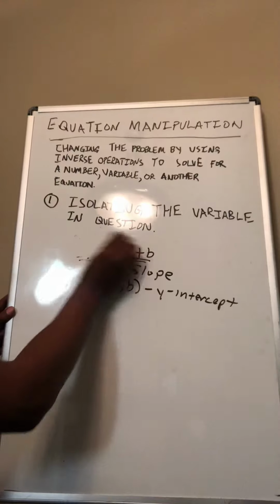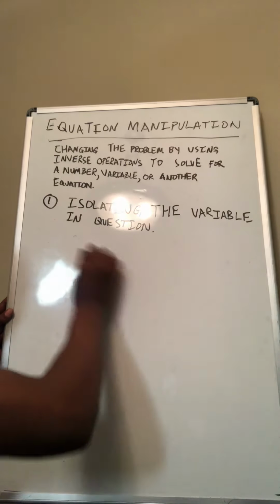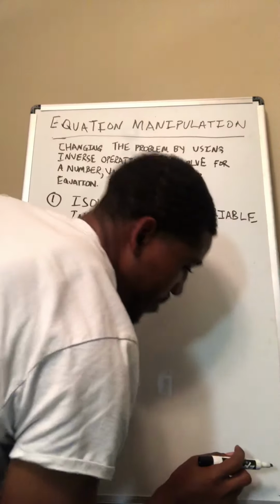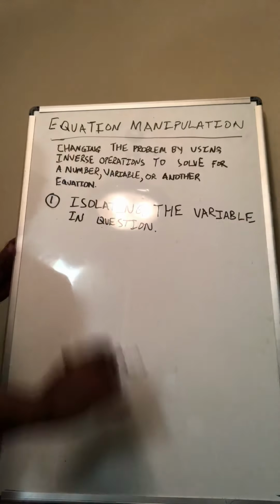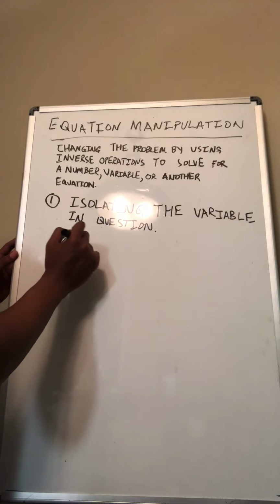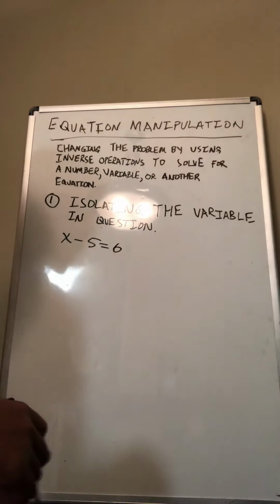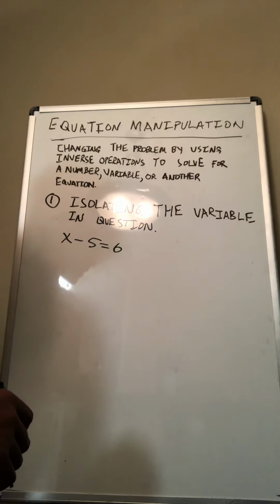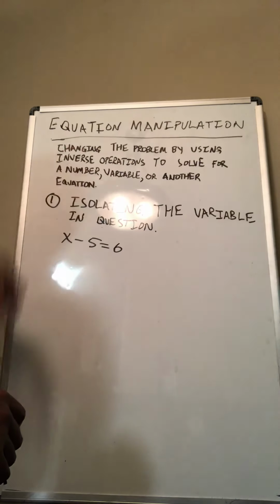So we're going to start with a very basic overview of some inverse operations. Here in a one-step problem, we're going to give the example of x minus 5 is equal to 6. This is a one-step variable isolation problem where you have to solve for a variable by isolating it, and your answer will be a number.